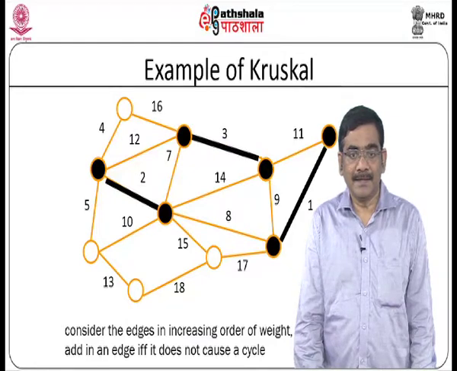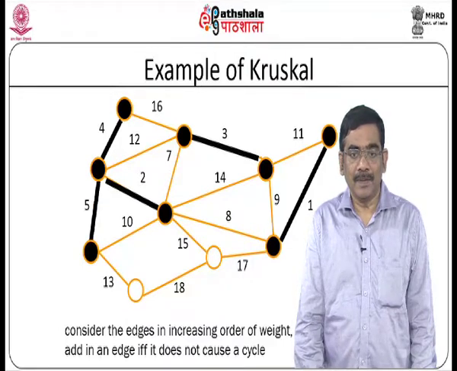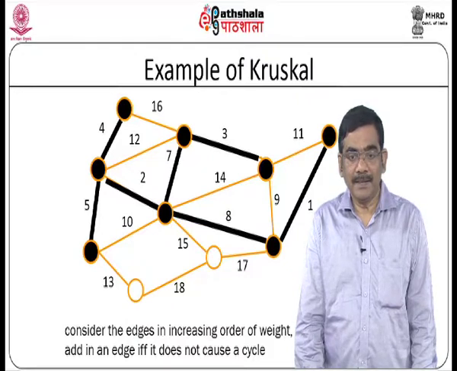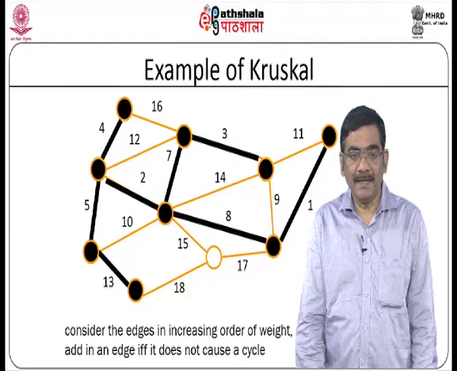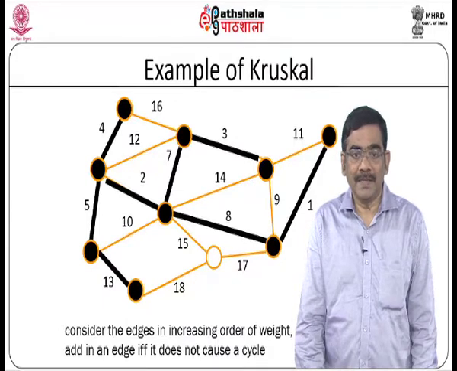Then next is 3, then 4, no problem. 5 is also not a problem at all. 7 is also not a problem. 8 we can add because it does not create any cycle, but 9 we can't add because it would create a cycle. 10 we can't add. 12 we can't add.